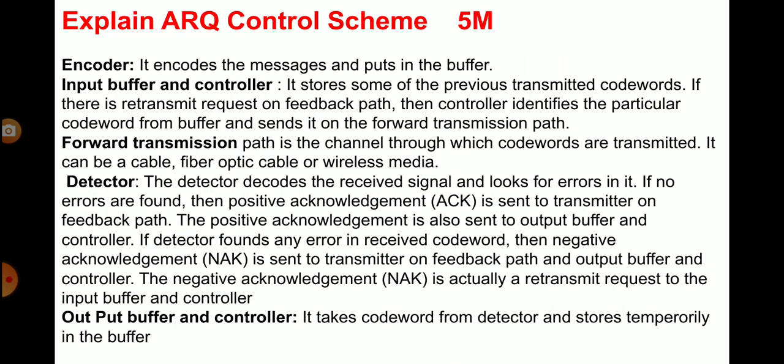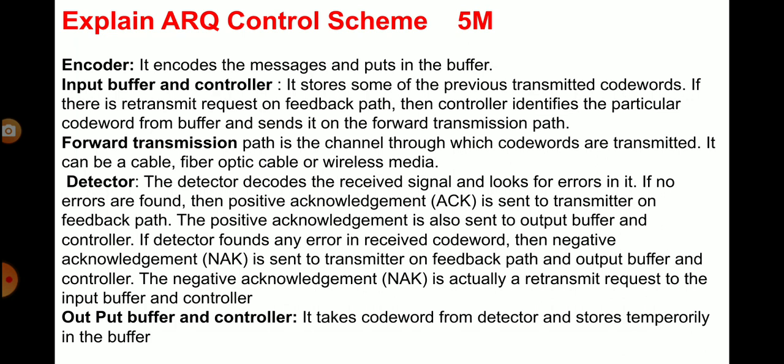If there is a retransmit request on the feedback path, the controller identifies the particular code word from the buffer and sends it on the forward transmission path. The forward transmission path is the channel through which code words are transmitted. It can be a cable, fiber optic cable, or wireless media.